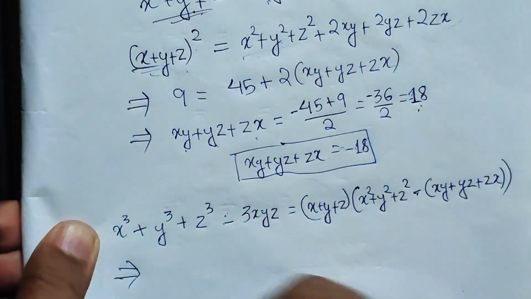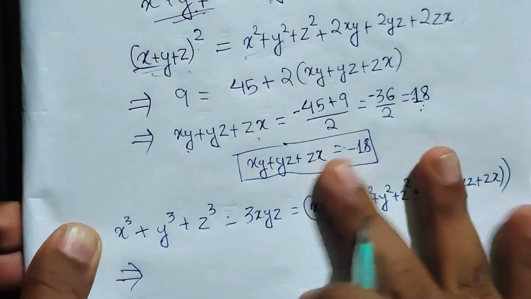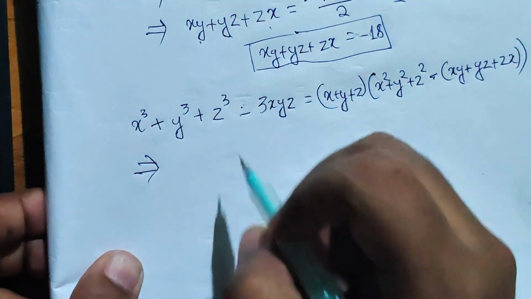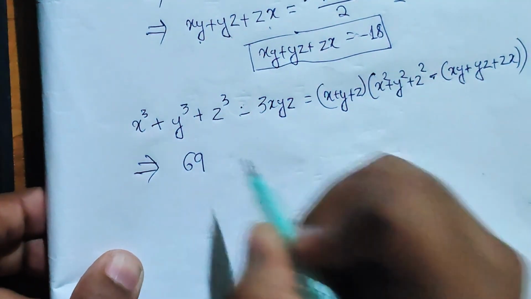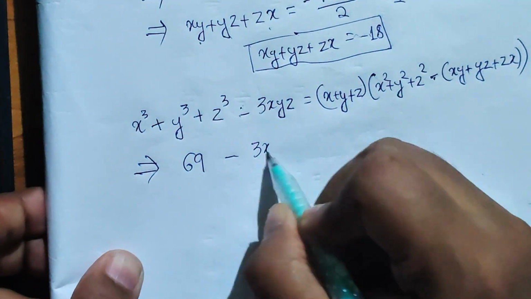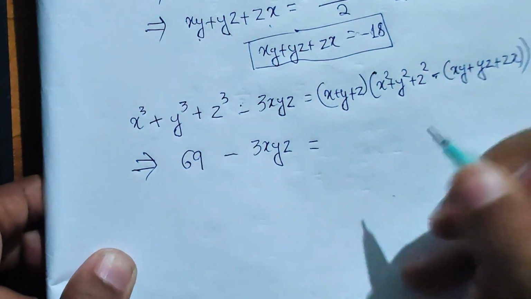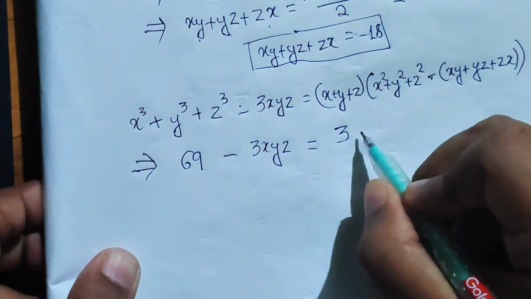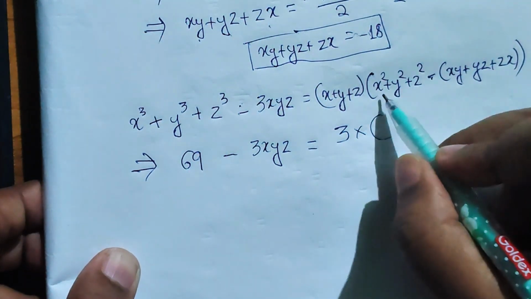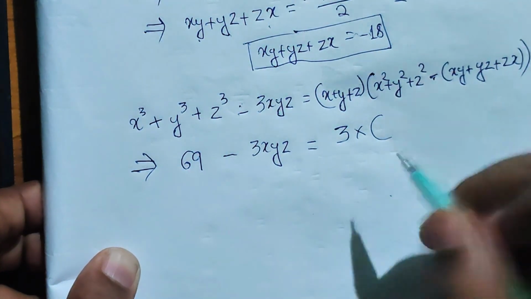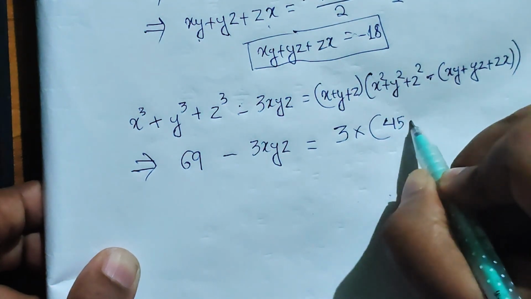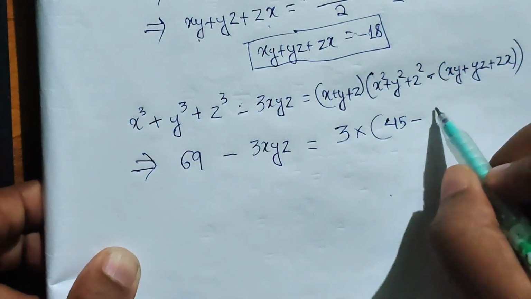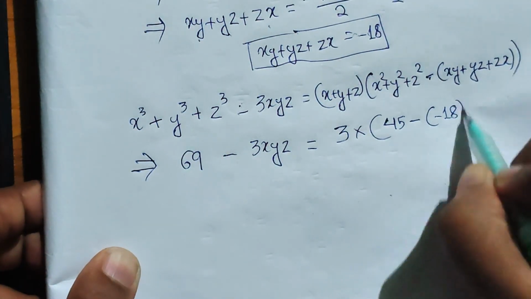Now we plug in the values. So x cube plus y cube plus z cube, this is 69 minus 3xyz equals x plus y plus z is 3 multiplied by this x square plus y square plus z square is 45 minus this is minus 18 that we have found, so it will be minus of minus 18.